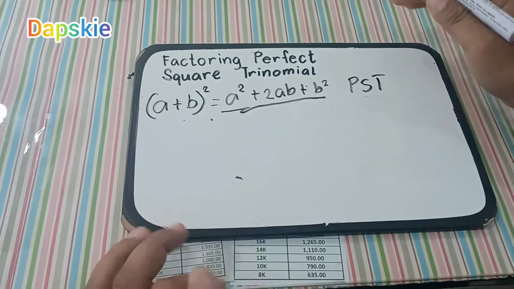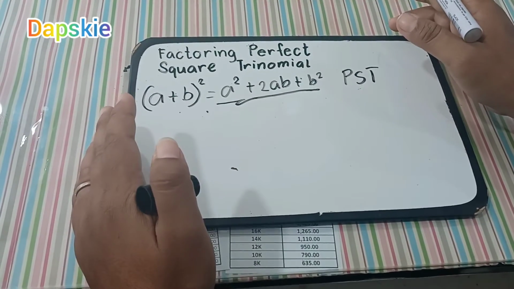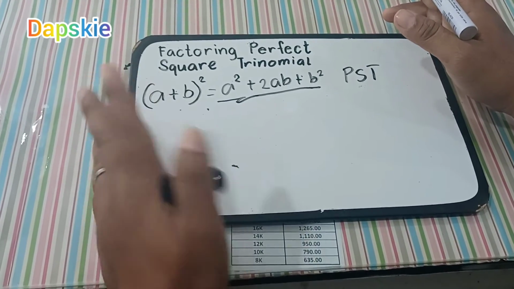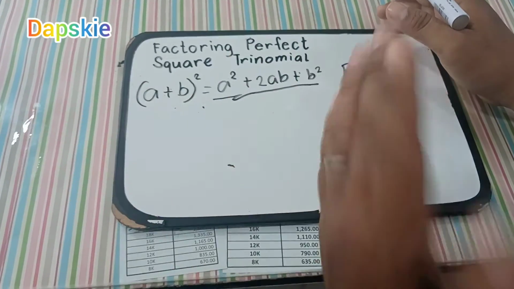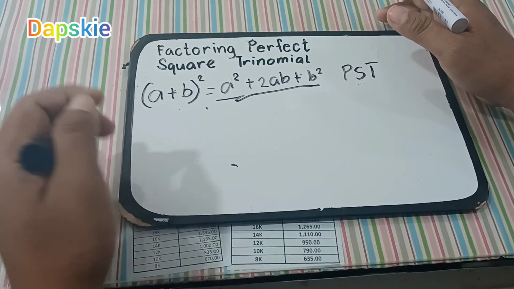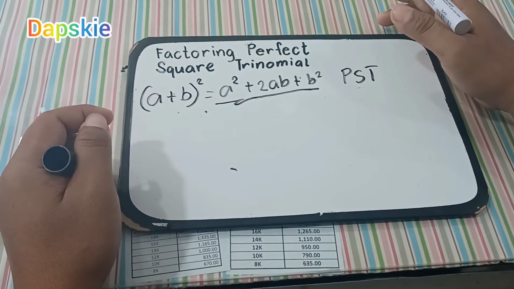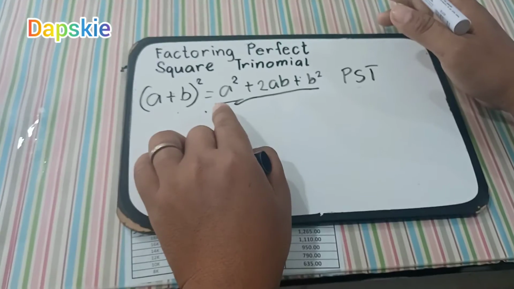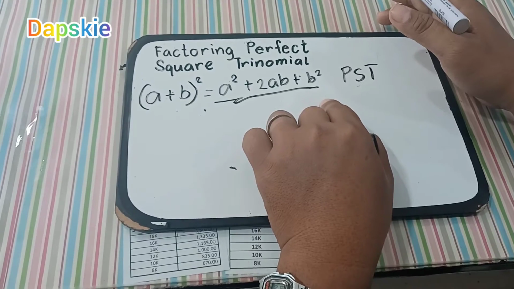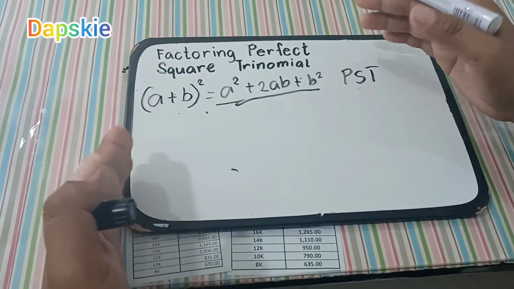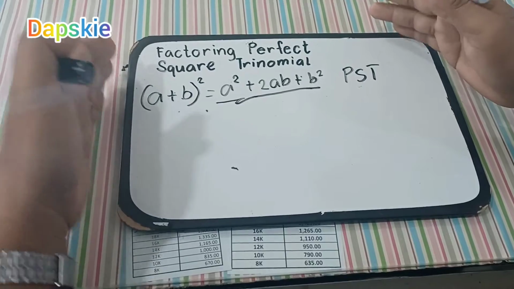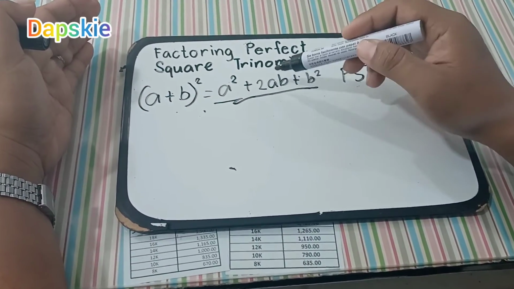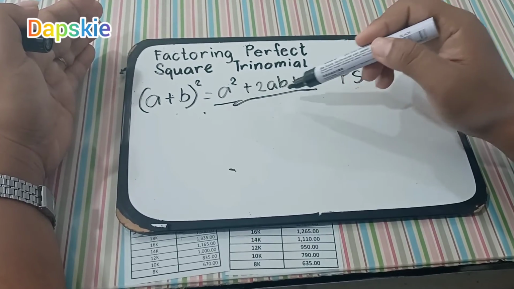So observe po natin, yung perfect square trinomial, yung first term at saka last term ay parehong perfect square. So like for example here, square root of a squared, that is a, square root of b squared, that is b. So yan yung pag-check natin kung ito ay perfect square trinomial. Paano natin makukuha yung middle term?